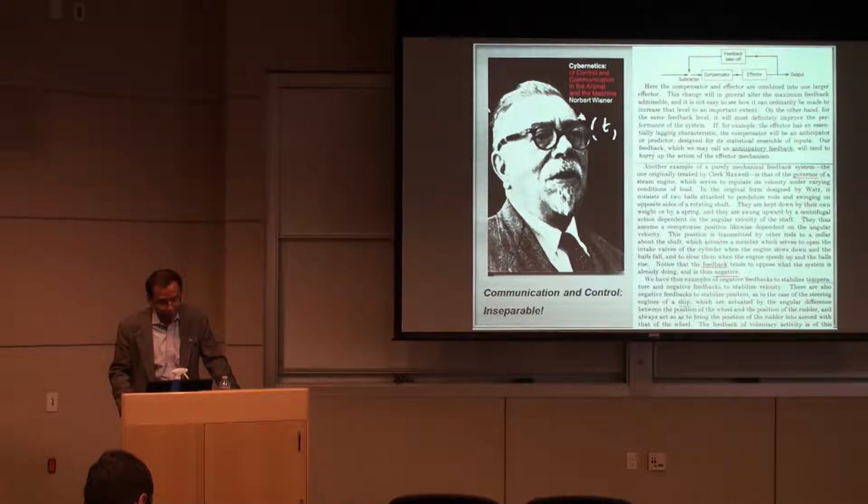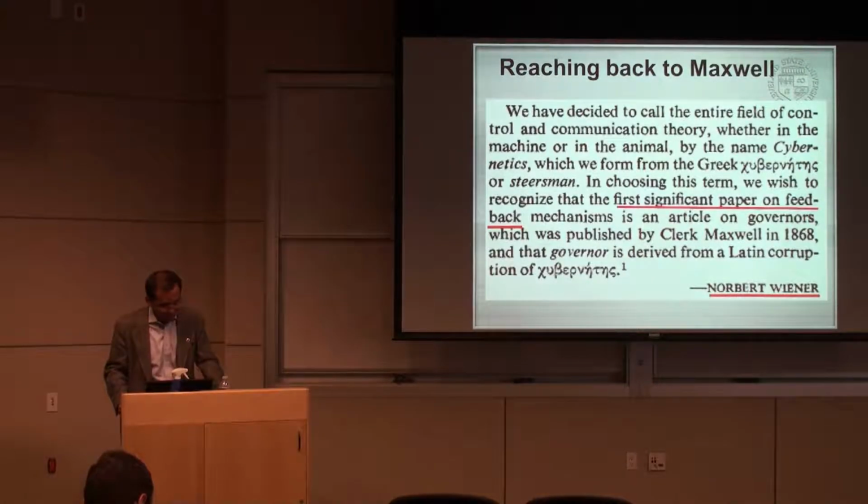And it was Wiener in 1948 who came to this great understanding that control and communication or information theory are inseparable. Through the Second World War, in the effort of designing anti-aircraft artillery, he found the universal concept of negative feedback, and that's the bedrock of his book on cybernetics.